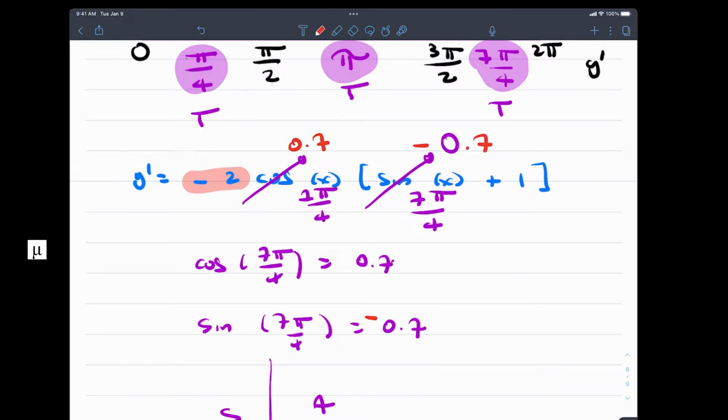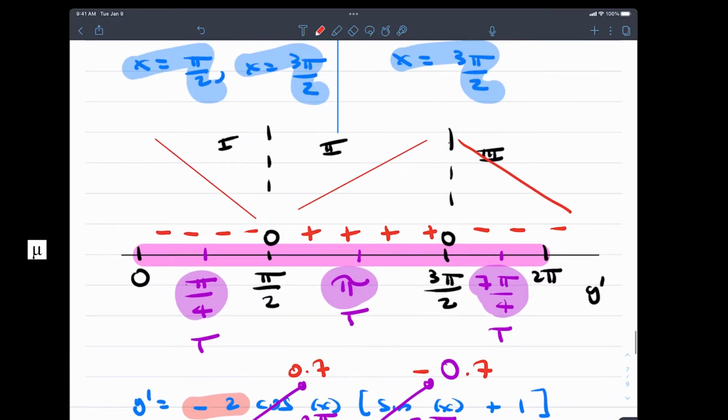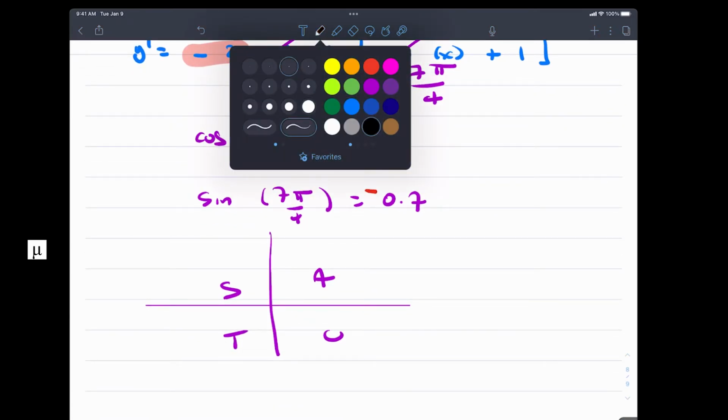So a positive times a negative is going to be negative. 0.7 plus 1 is positive. Sure enough, region 3 is negative, decreasing slope. Put your person here. You're in a valley. Here you're at the top of a hill. So what can we say about this? A picture is worth not 1,000 words, but 10,000 words. So here's your conclusion.